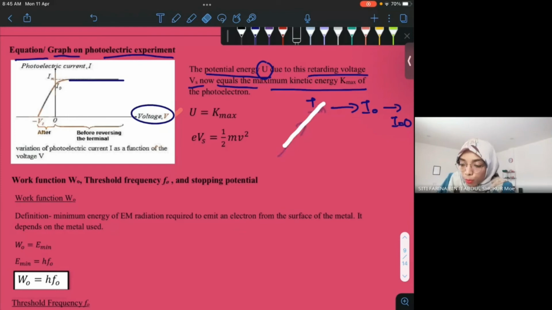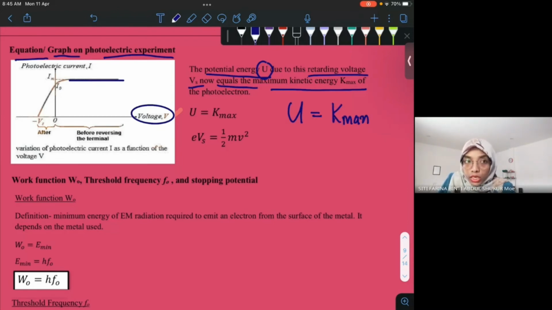Okay, so the stopping potential which gives you a potential energy now is equals to the maximum kinetic energy of the photoelectron. And we know kinetic energy adalah half mv square. Since the kinetic energy here is maximum, velocity dekat sini pun kita associate dengan maximum velocity lah. Potential energy pula adalah disebabkan oleh electron, charge of the electron multiply with the stopping potential.